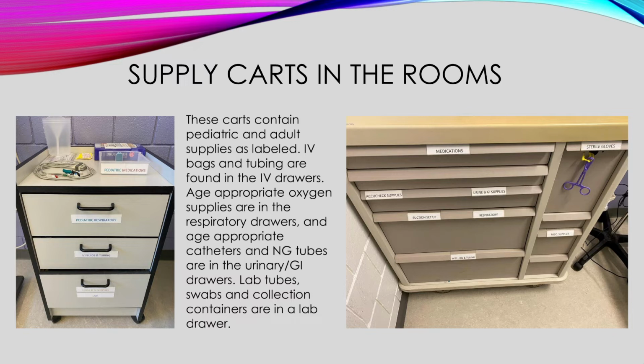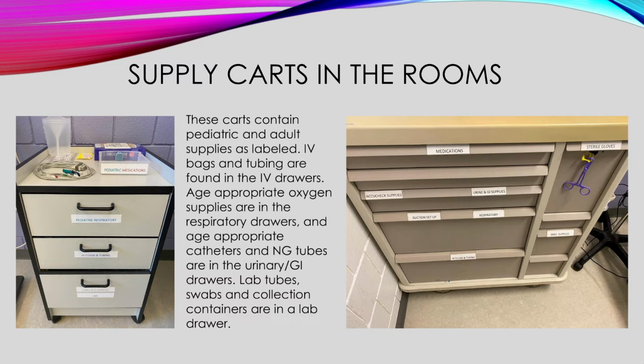The next drawer down, the middle drawer, has IV tubing, IV bags, and then the very bottom drawer there has lab supplies. So everything you need, same as Susie's drawers for labs, but it also has pediatric catheter kits and pediatric straight caths.